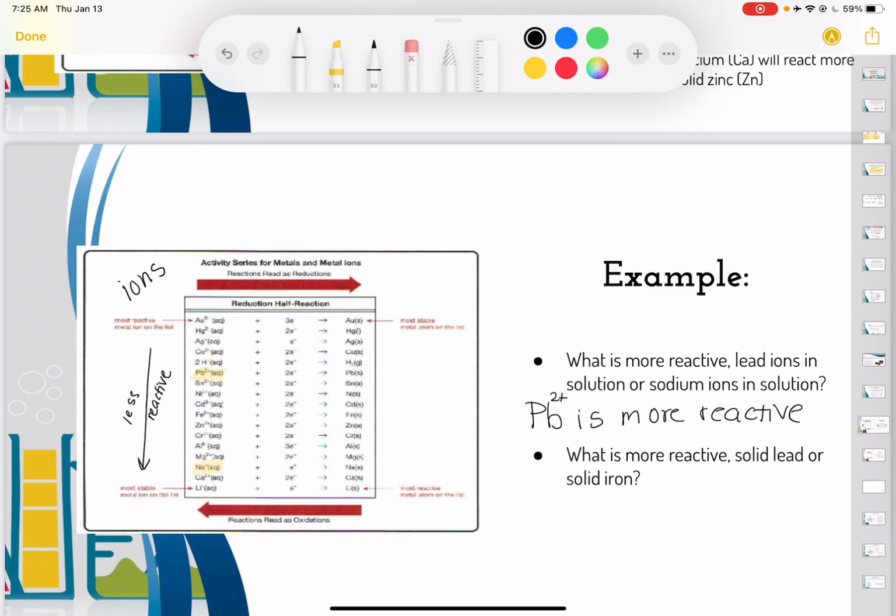Then we're going to look at it on the opposite side of the table. What is more reactive, solid lead or solid iron? We've got solid lead here, solid iron here. If you don't forget, we can look on the side here. It says more stable at the top, and as we work our way down the table, it becomes more reactive.